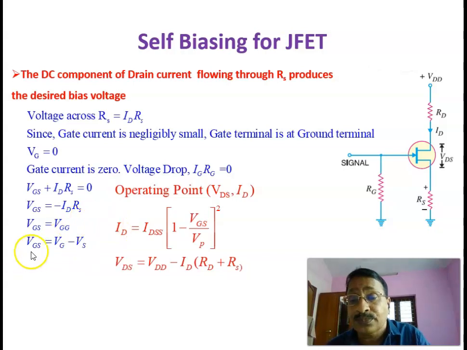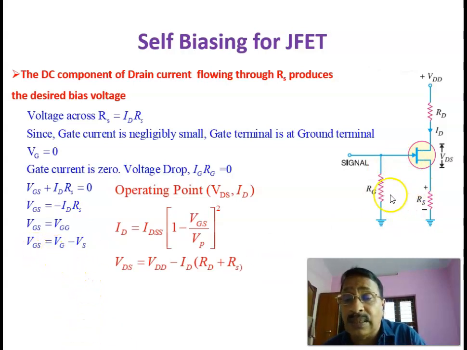Here, gate to source voltage is the voltage of G with respect to the ground, that is VG, minus the voltage of S with respect to the ground, that is VGS.